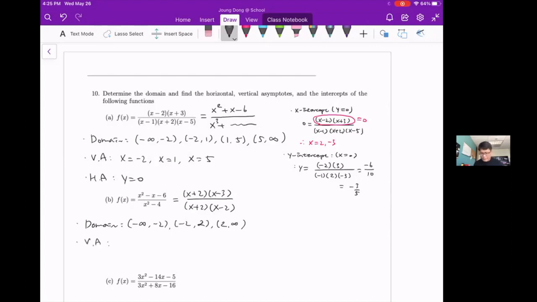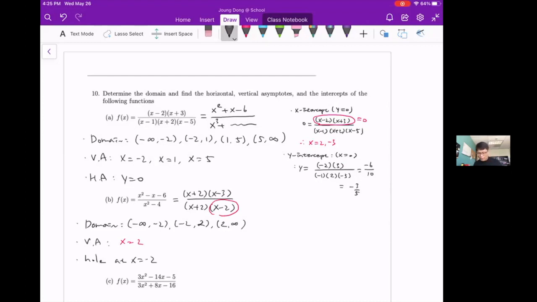As I explained, if a factor of the denominator can be canceled with the numerator, then it is not a vertical asymptote but a hole. So for this case, the x minus 2 term gives you the vertical asymptote. But we know there is a hole at x equals -2; it's not a vertical asymptote.